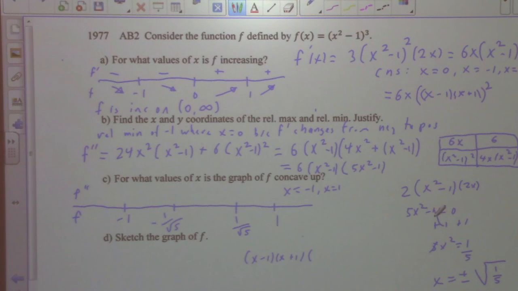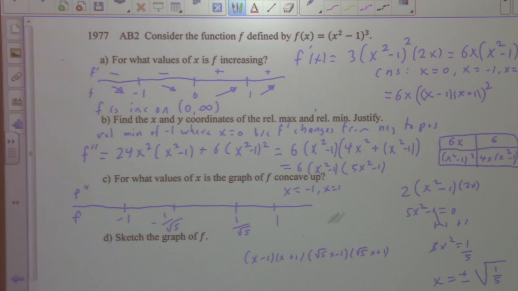We have a factor, that's going to be square root of 5 x minus 1. So square root of 5 x minus 1, square root of 5 x plus 1.